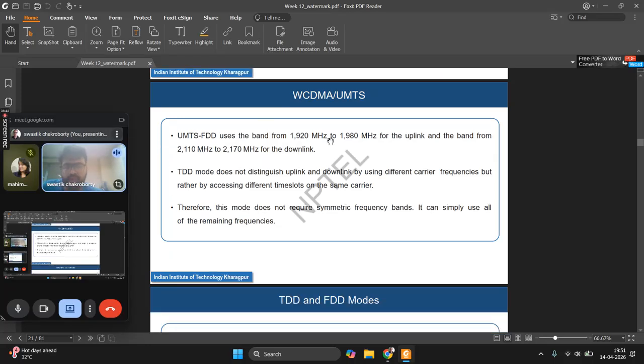So whatever is remaining after FDD and mobile satellite communication is used by TDD. So TDD uses the least amount of bandwidth, but why do we still not prefer TDD much? Because TDD takes a lot of time, because you cannot simultaneously transmit multiple signals.